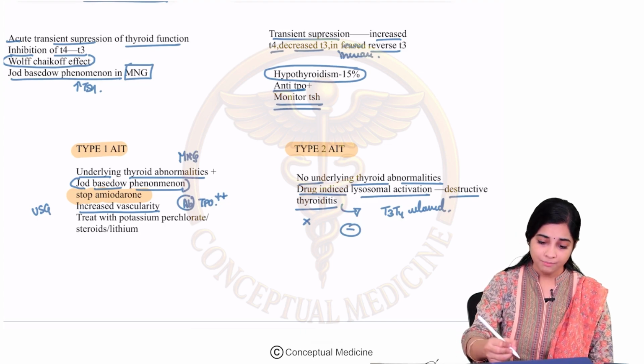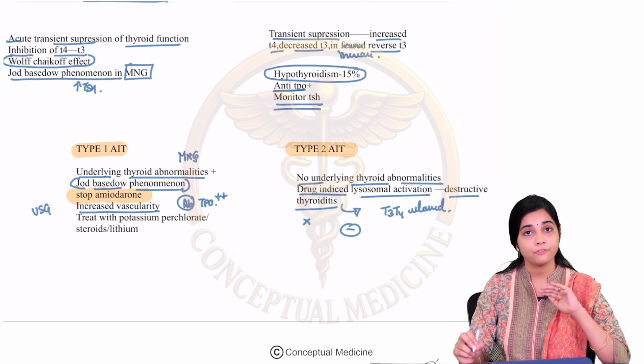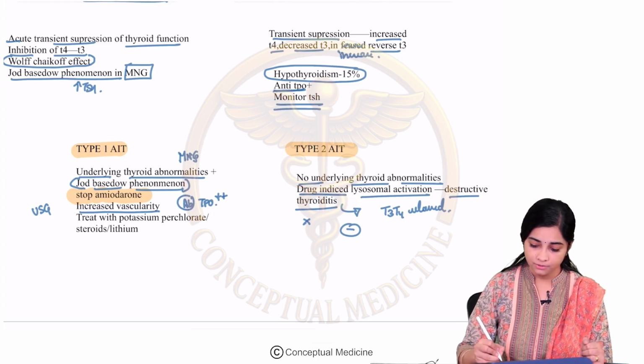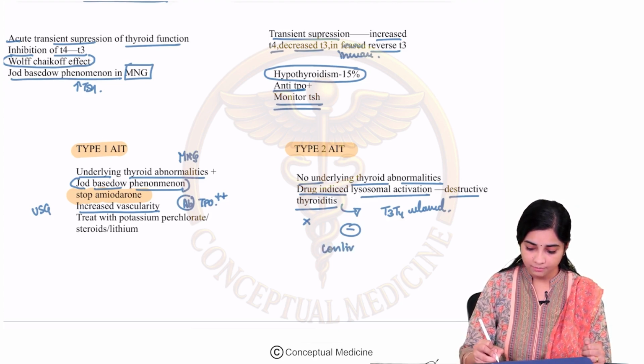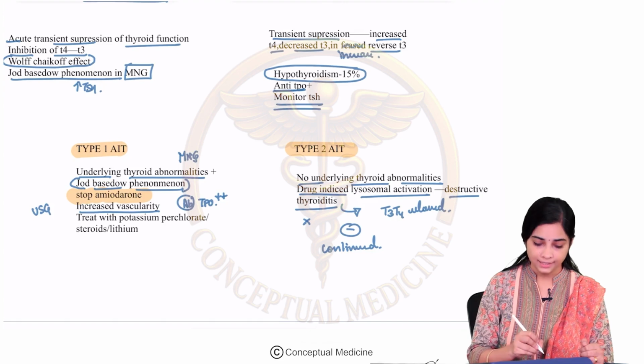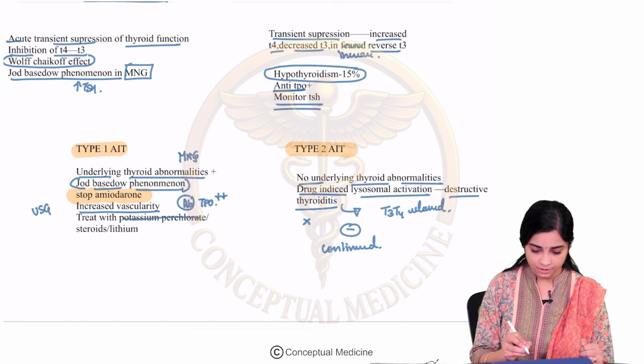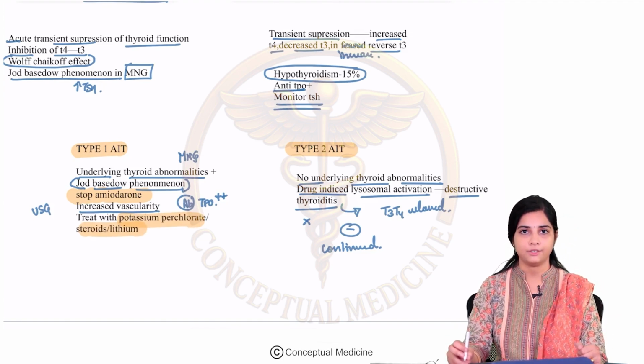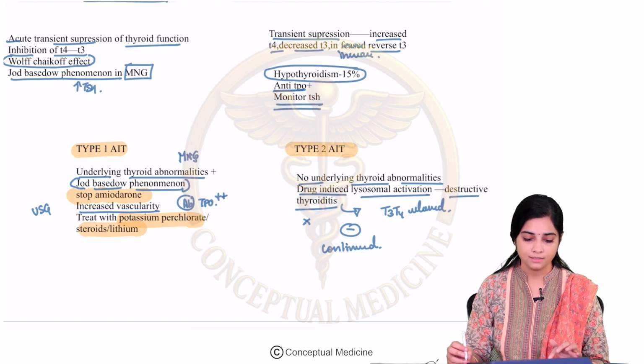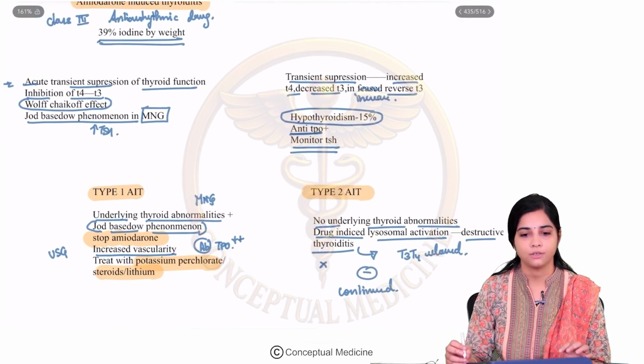In type 1, you definitely have to stop the amiodarone. In type 2, the drug can be continued. In type 1, you may have to treat with potassium perchlorate, steroids, or lithium. So, this is about amiodarone-induced thyroiditis.